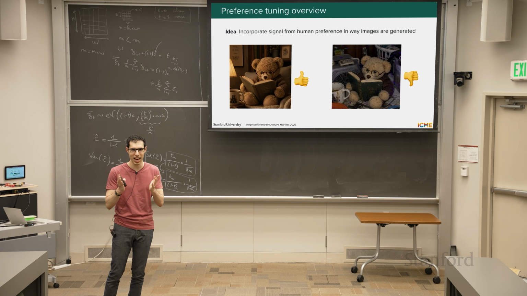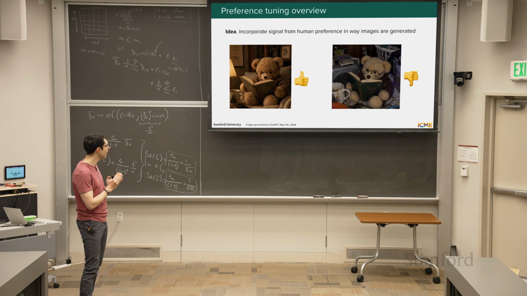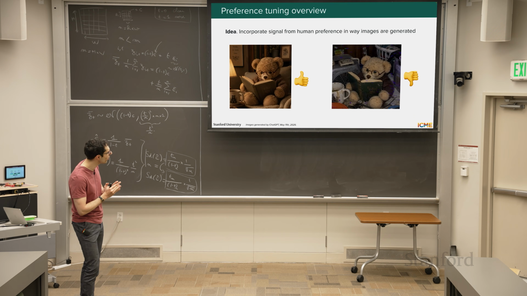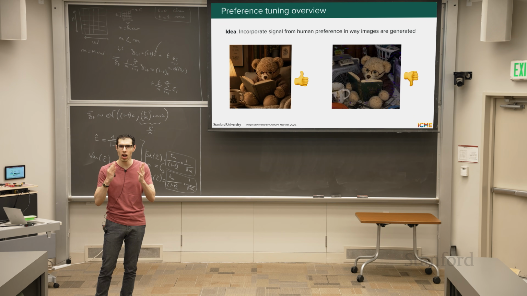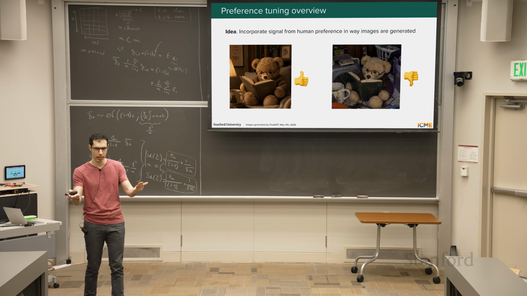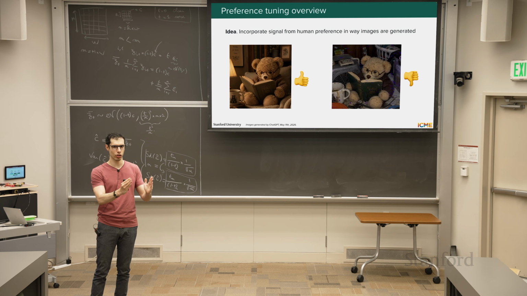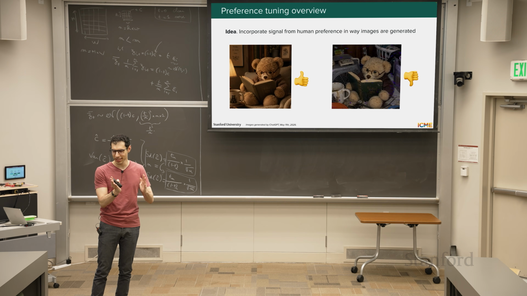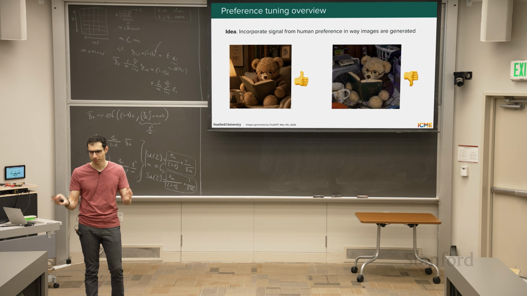So here I will illustrate an example of the left image, which is an image of a teddy bear reading, very high resolution, good lighting, and aesthetically pleasing, and the one on the right, which is not as aesthetically pleasing. And what you want to do is to incentivize your model to generate an image that is more aligned with human preferences.